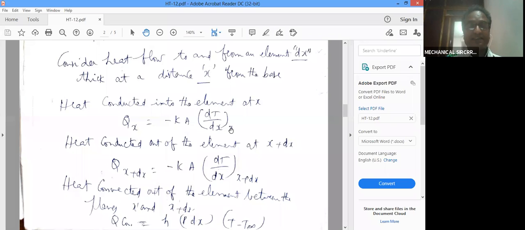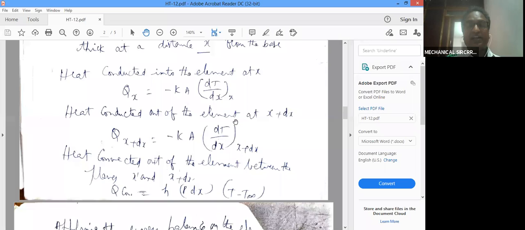Next, heat conducted out of the element at x plus dx, that is qx plus dx. How do we calculate qx plus dx?